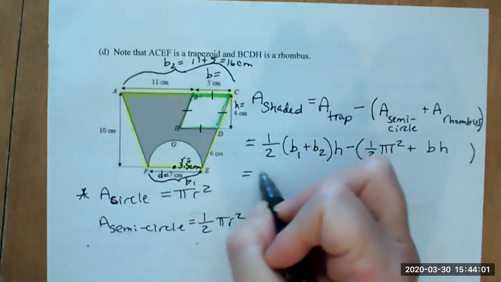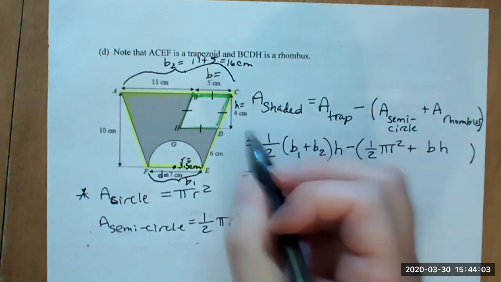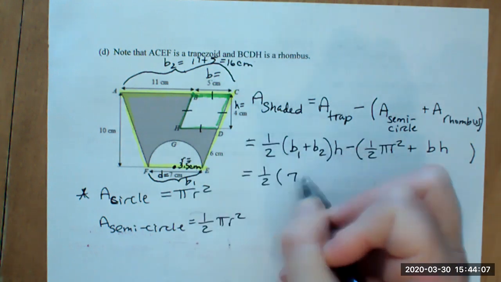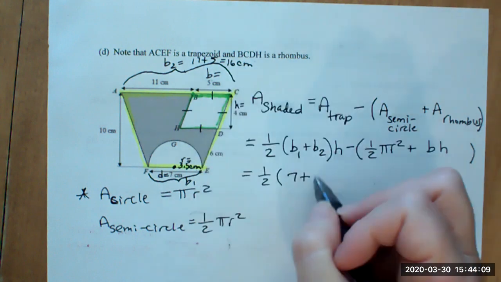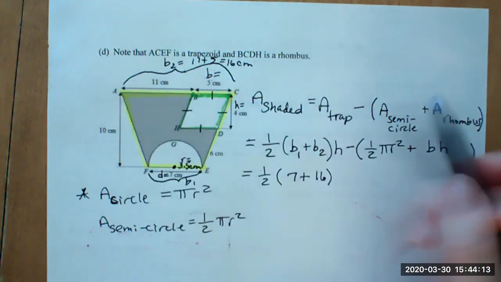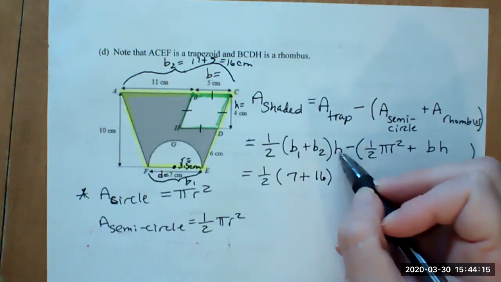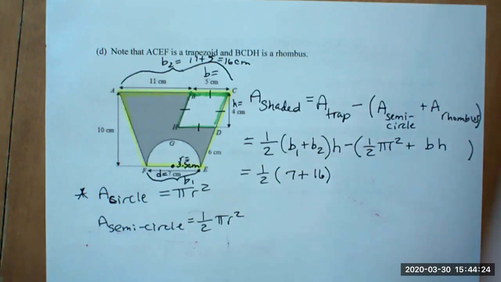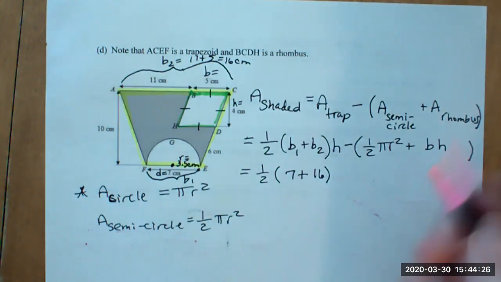I just need to substitute. So base 1 is 7. Base 2 is 16. The height, now let's be careful here. The height of the trapezoid is not the same as the height of the rhombus. So be really careful, the values of h here are different. So in fact, I'll highlight that so that we're very clear which value of h I'm using.